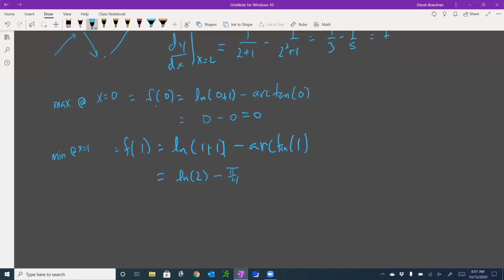This is about, well, 0.69 minus, what was that, like 0.797? Yeah, 78 something. About -0.1. And it starts being positive again.